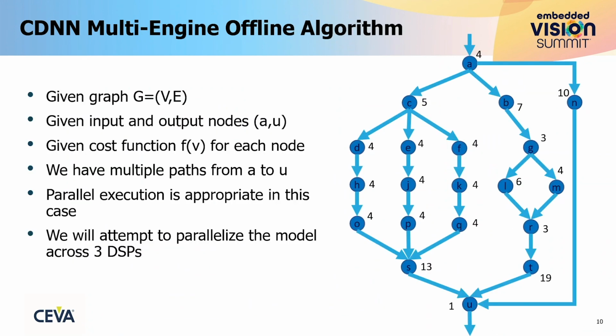I would also like to show you a simulation of how this algorithm might work. We have a graph here: a network model where A is the input and U is the output node, and for each node we have a cost function that represents the load, or the cycles it takes to execute.